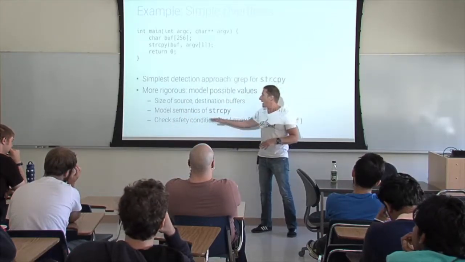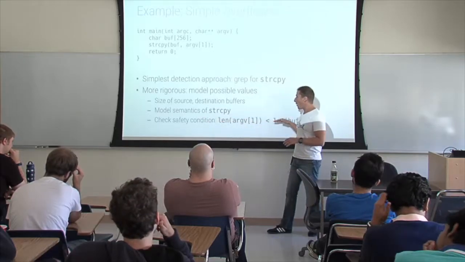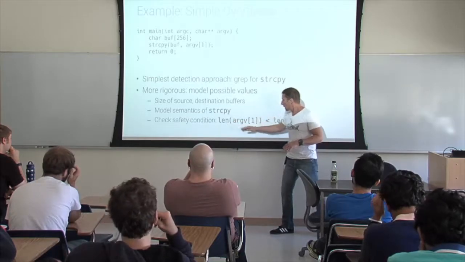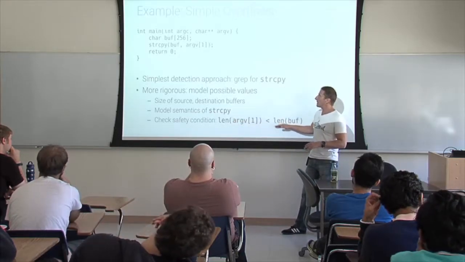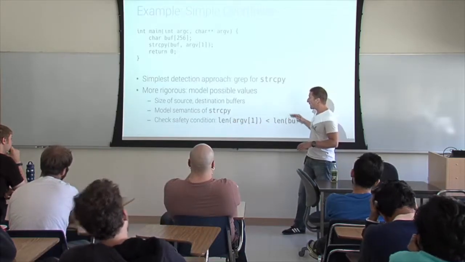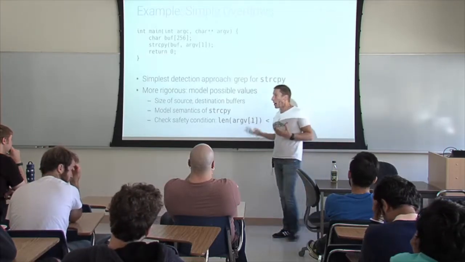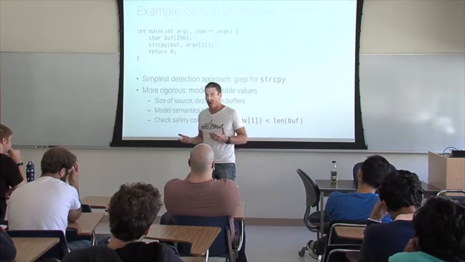Then I have some safety condition that says I want the length of, in this case, argv1 to be less than the length of buffer. And if there is some situation in which this cannot be satisfied, then obviously I have a vulnerability.